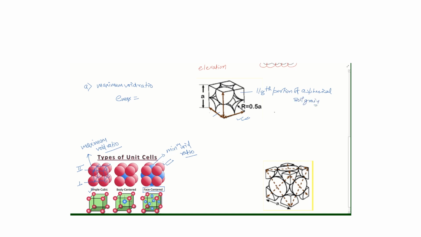In this way I have taken 8 of them: this one is first, this is second, third, fourth, fifth, sixth, seventh, and this is eighth. So we have taken 8 spheres, and we have taken 1/8 of each sphere. Here we have the 8 parts of different spheres.